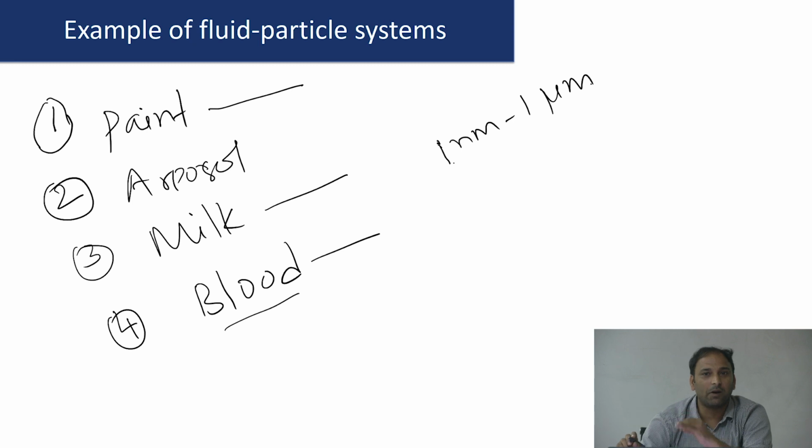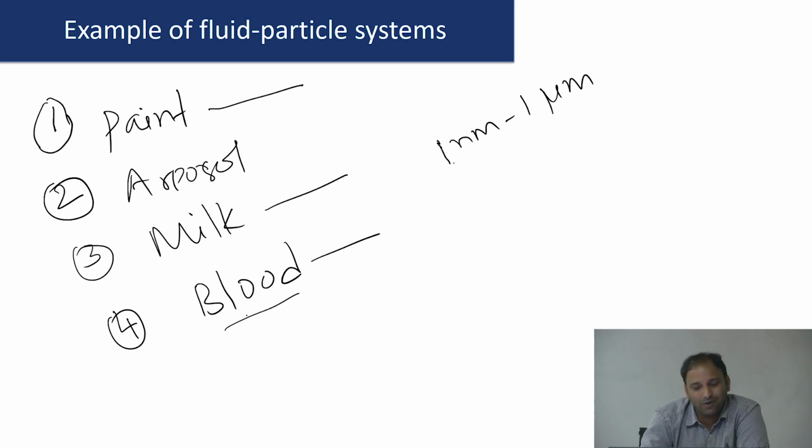If the size of the particles is in that range, that's when they are called colloidal dispersions or nanoparticle dispersions. But if you look at blood, the size of the red blood cells is larger. It's about 8 microns in size, so it's really not a colloidal dispersion. But still, there's something that is common between 1, 3, and 4, that is paint, milk, and blood. What is that?